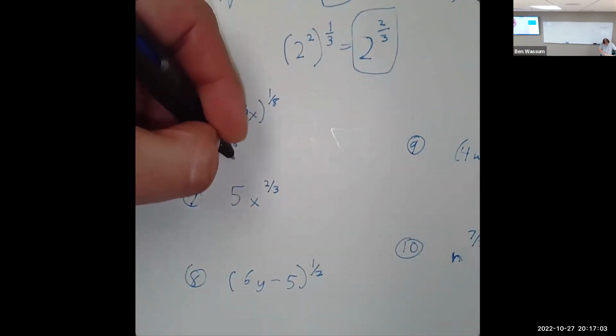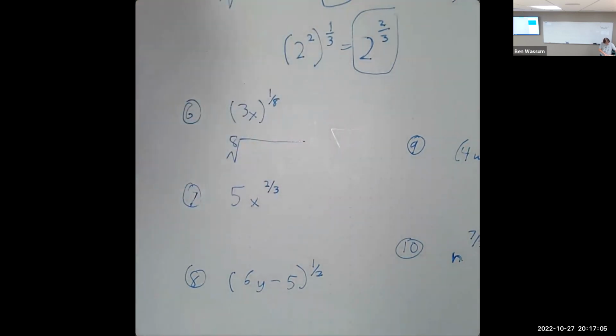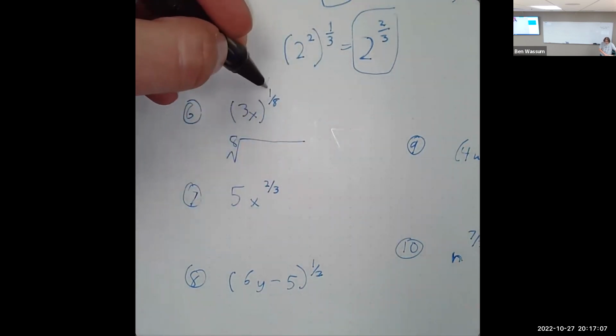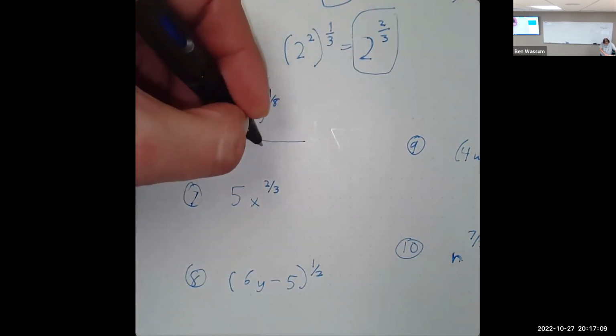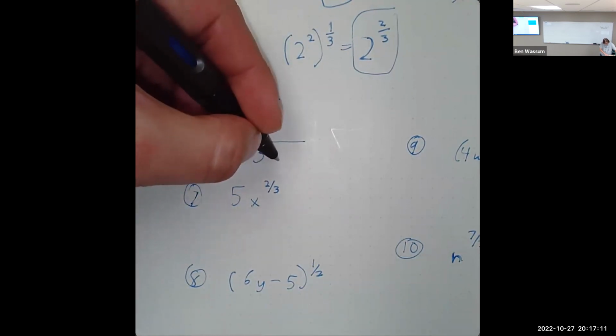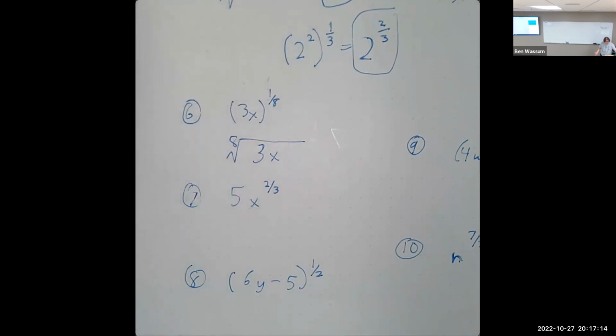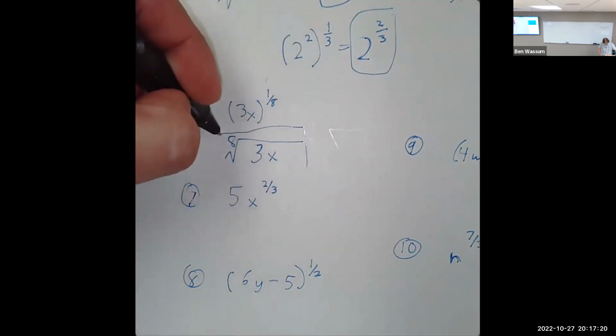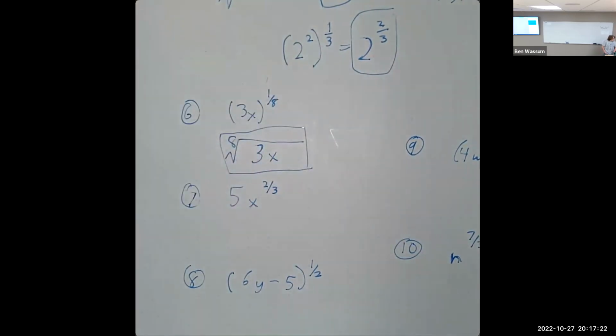So we would have 8th root of this thing to the power here. Well, it's just to the first power, so I don't really need to put the parentheses and put a 1. I can just do a 3x. Quick, simple, easy, beautiful, not bad, right?